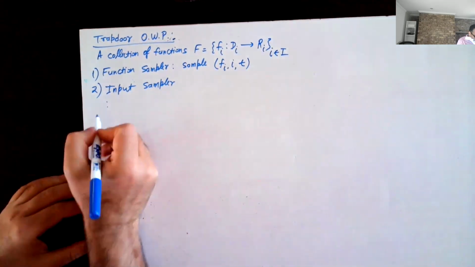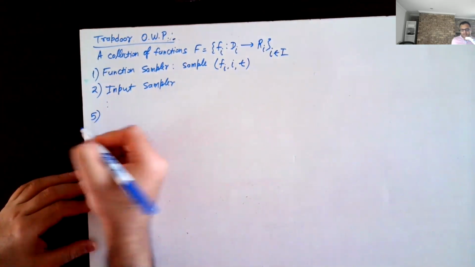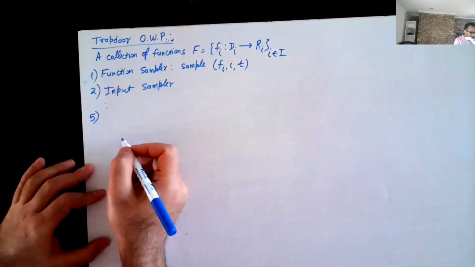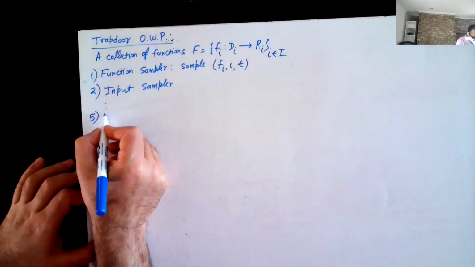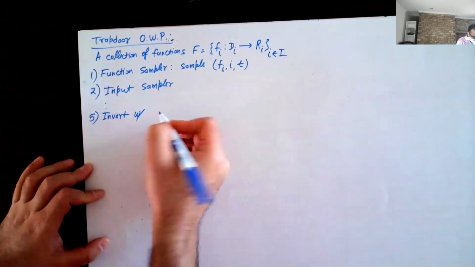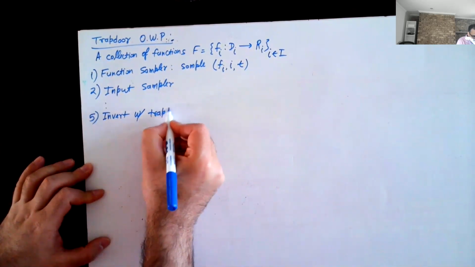And then finally, perhaps the most interesting property is the property of invert with trapdoor.